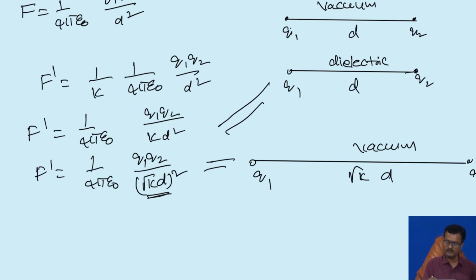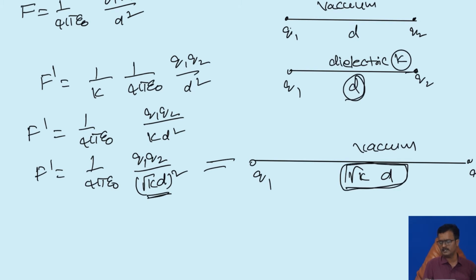So when dielectric material of dielectric constant K is placed for a distance d, d is increased by root K into d times in vacuum. The force of dielectric constant K for a distance d is equivalent to force in vacuum of a distance root K d. Okay, d becomes root K d.